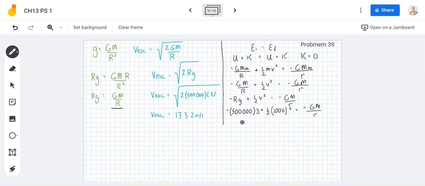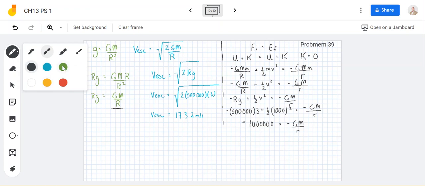So when I calculate this out, I end up with negative... so negatives here are going to cancel, which is nice, but I still have to solve for r. To do that, I'm going to need the mass of the planet, and I'm wondering if I can get that from over here. So if I look back at this original equation up here, I'm going to bring it down here.